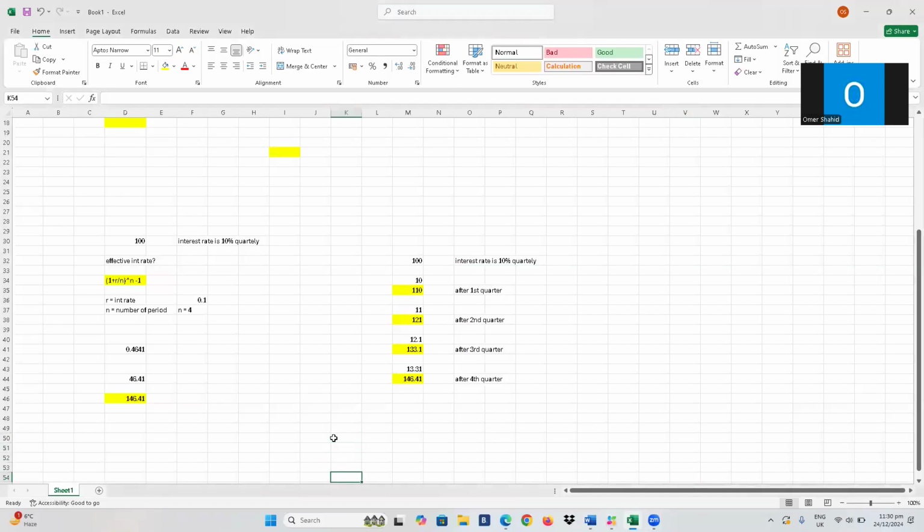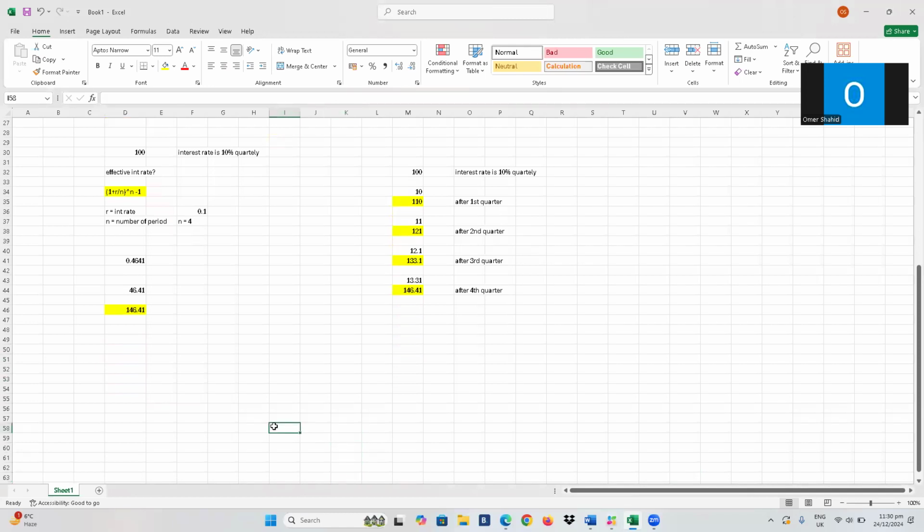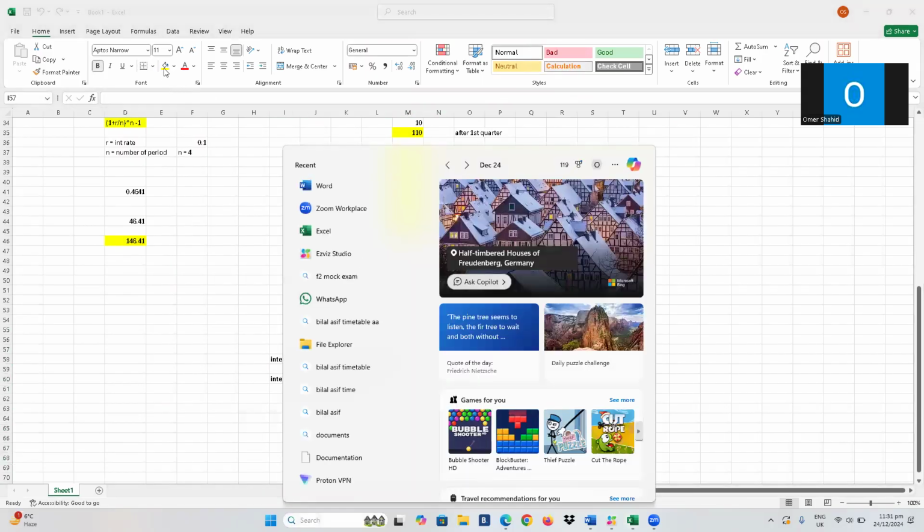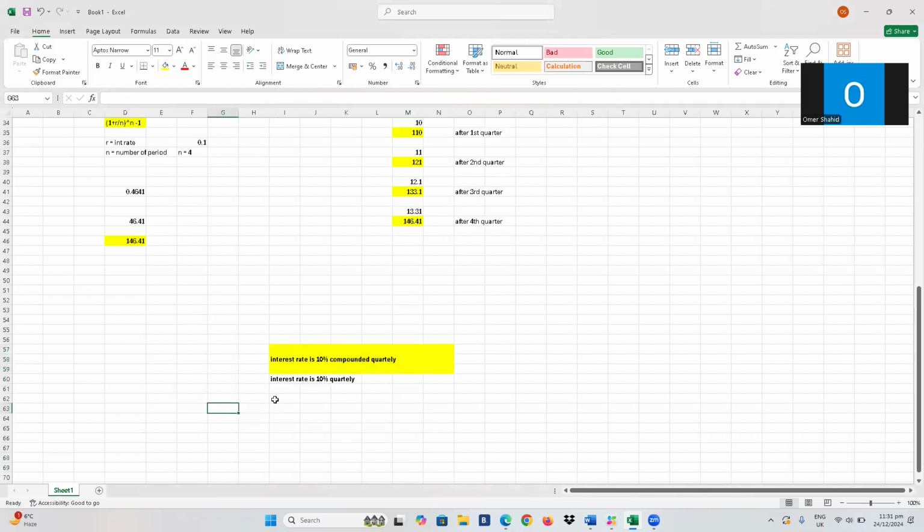Let me show you this once again. For example, if they tell you two statements, tell me what the difference between these two statements is. In the first statement, they are telling us that the interest rate is 10% compounded quarterly.